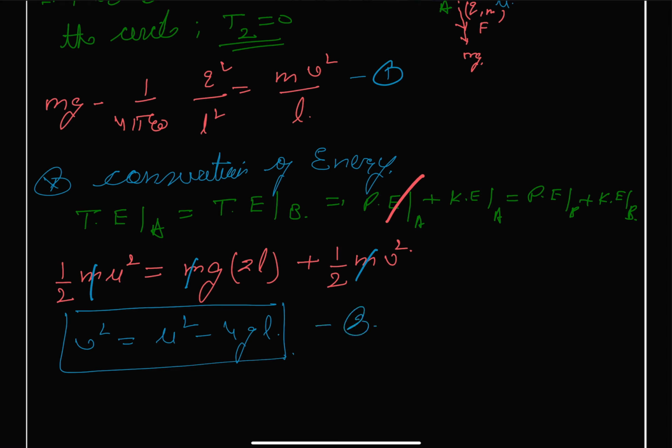So from equation 1 we can find our V, because we are only interested in U, that is the velocity at the lowest point. So we are going to replace this V, and in order to find V we are going to make use of equation 1.